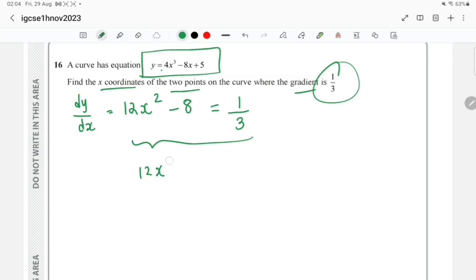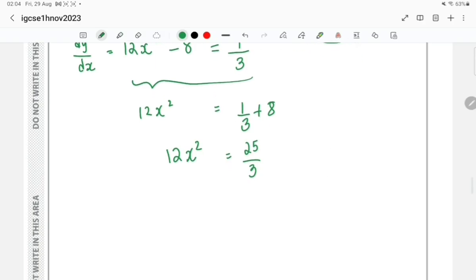So 12x squared will be equal to 1/3 plus 8, right? So 8 multiplied by 3 is 24 plus 1. This will give me 25 over 3. And this is equal to 12x squared. So I'll put this on the same denominator. You can use your calculator if you wish.